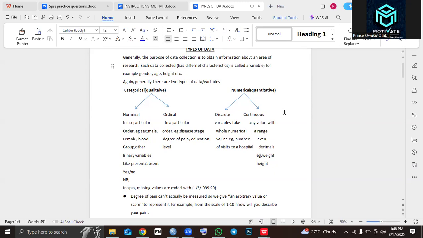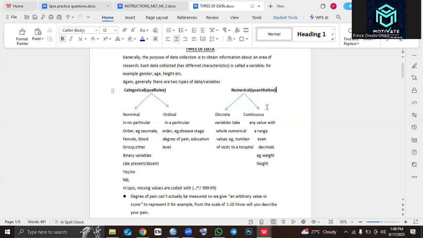Okay, so as I mentioned earlier, we have categorical data and then numerical data. Now, categorical data are qualitative, and then numerical data are quantitative. What do I mean when I say qualitative and quantitative?